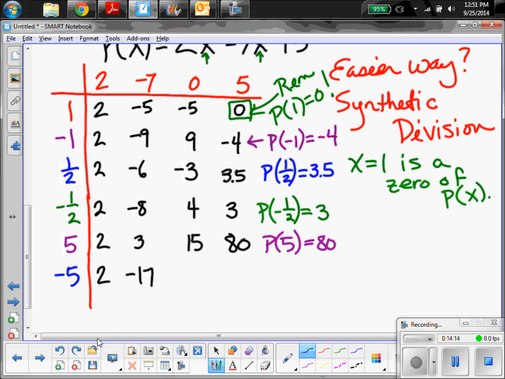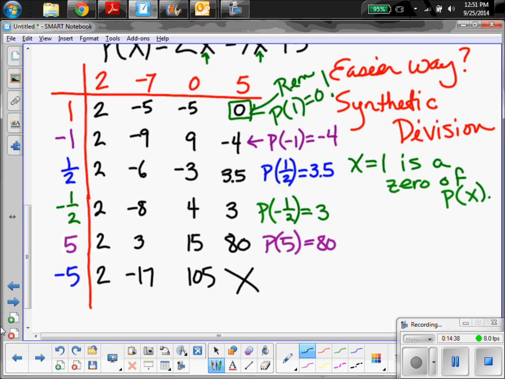Negative 17 times negative 5 is 85. 85 plus 0 is 85. I would have to get negative 5 to add it to 5 to get a 0. So I don't know what it is, but it's definitely not equal to 0.